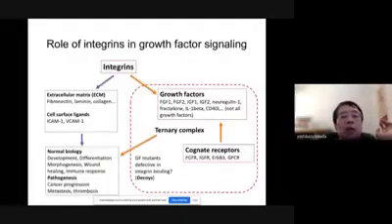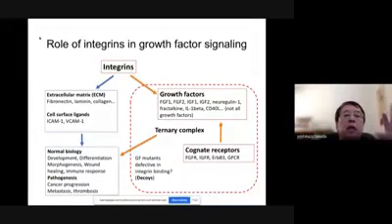So, a brief summary: integrin is supposed to bind to ECM and cell surface ligands, which is important for normal biology and pathogenesis. But we found integrin also binds to growth factors, not all, but many growth factors. The docking simulation predicted that growth factors can bind to integrin alpha V beta 3, for example.